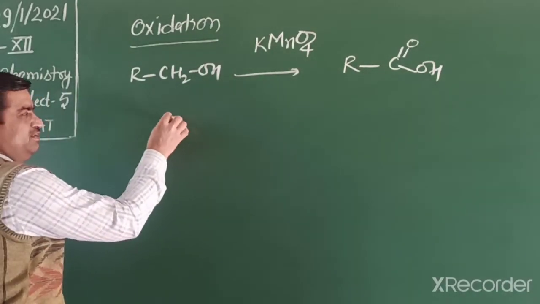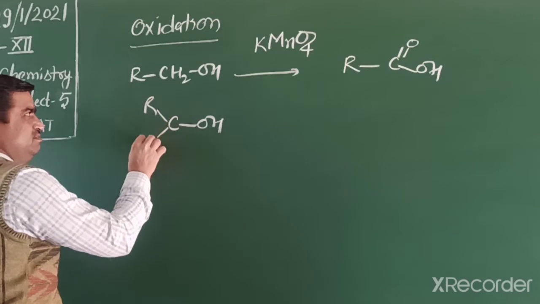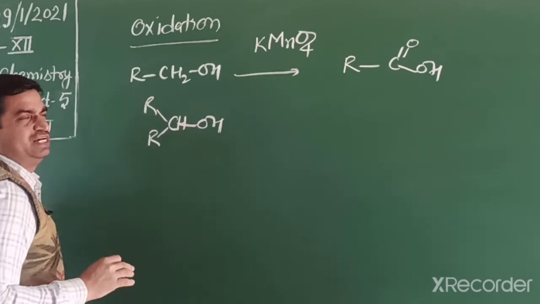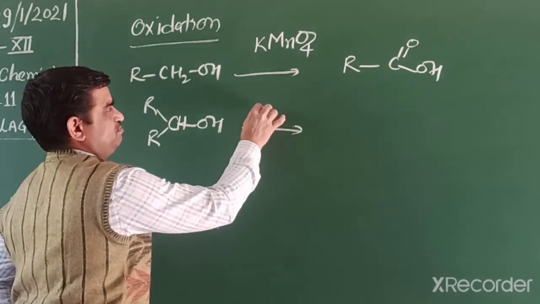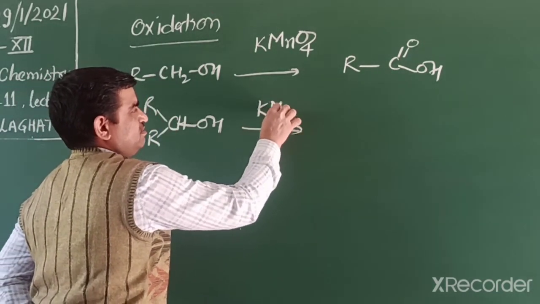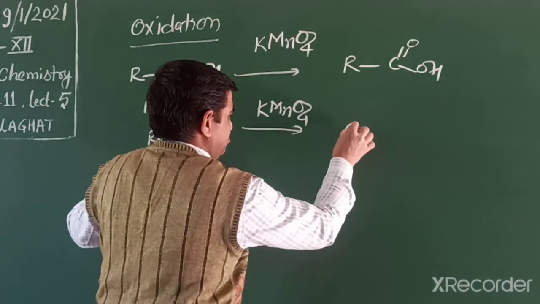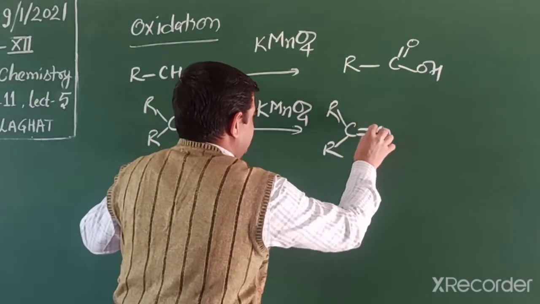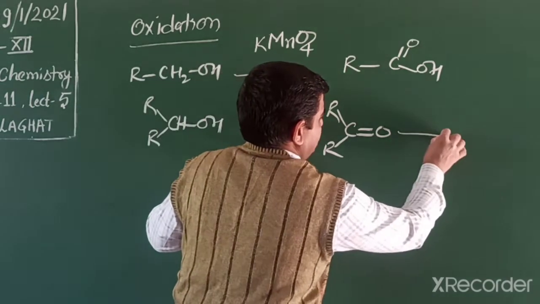If the alcohol is secondary and we use a strong oxidizing agent like CrO3 or potassium permanganate, normally we first get a ketone.